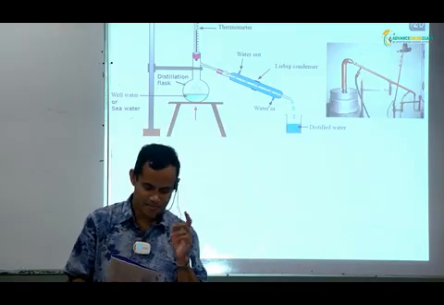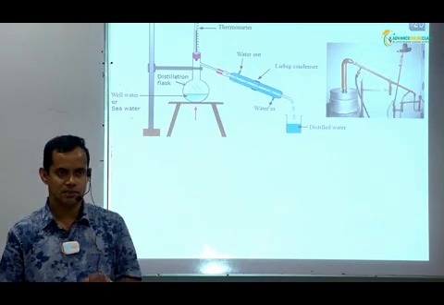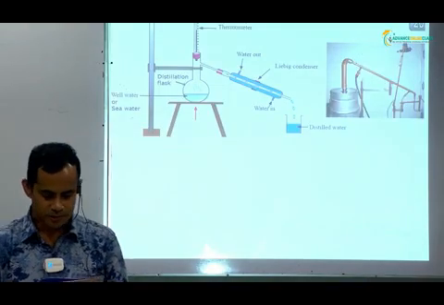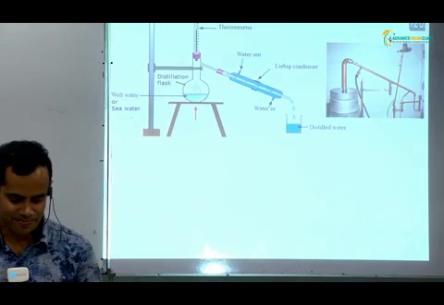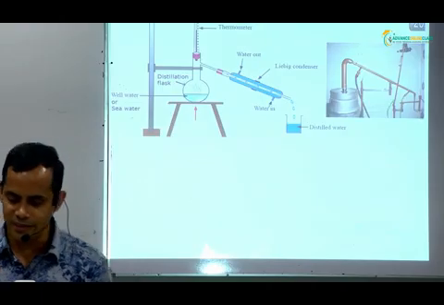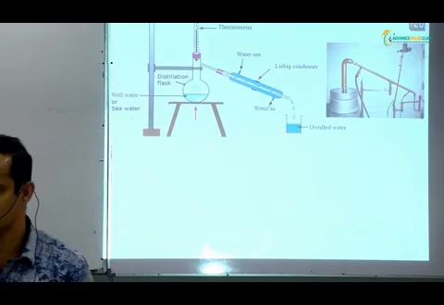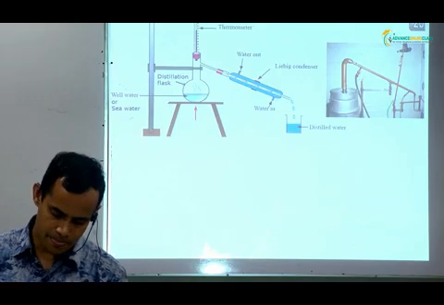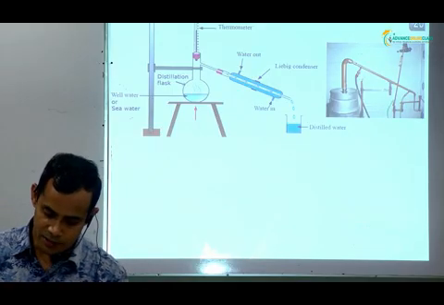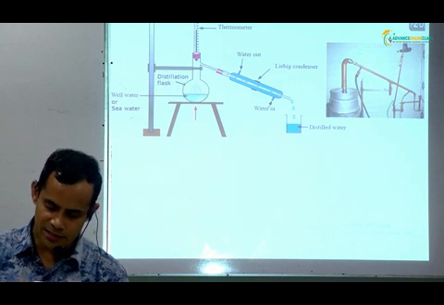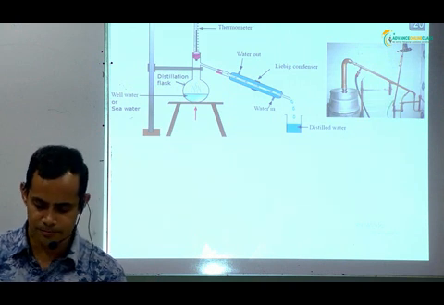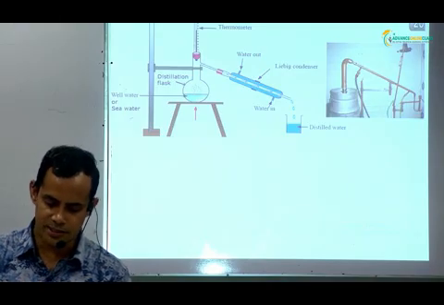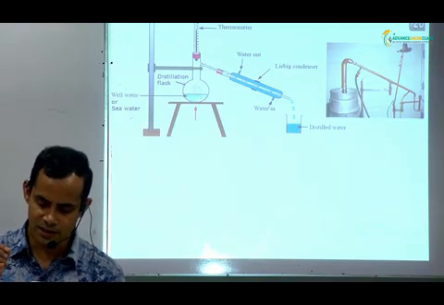Now fractional distillation, described completely. Quickly read and highlight. Fractional distillation is, will this come? No, they won't ask that question. Fractional distillation is the method of separation of several volatile components from a mixture using a fractionating column by distillation under controlled conditions.